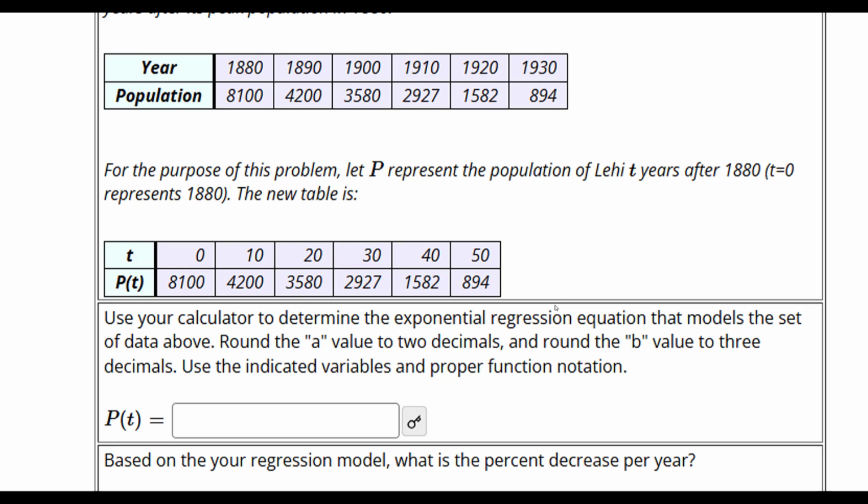Okay, so what we came up with is y equals 7706.502 times, I know it says round at two places, but whatever, 0.960484 to the x power, or I guess to the t power.